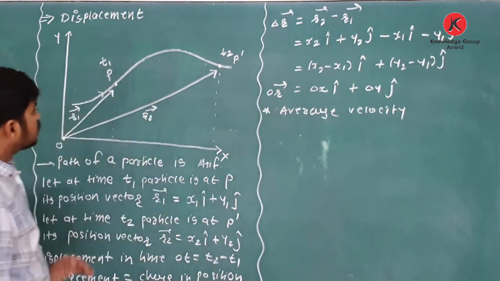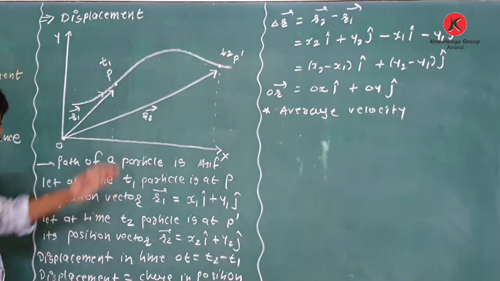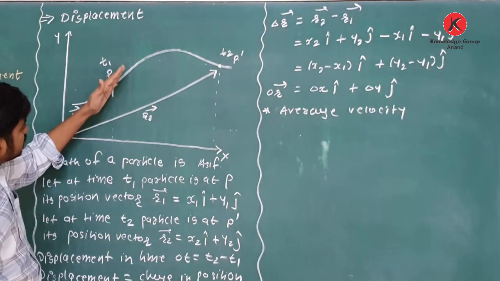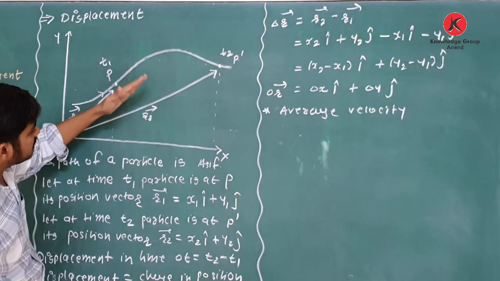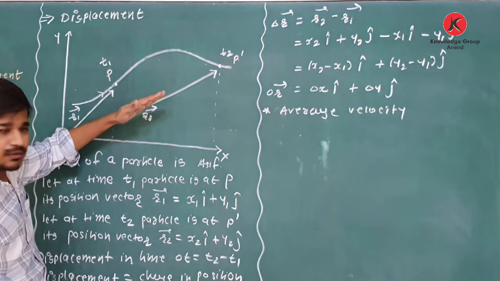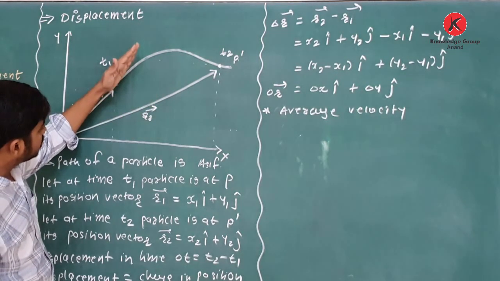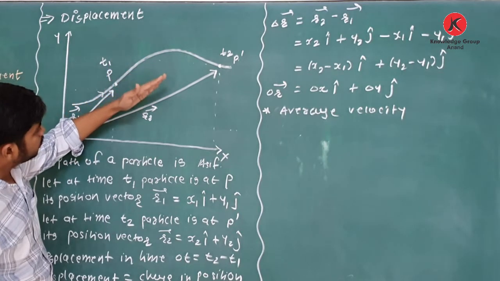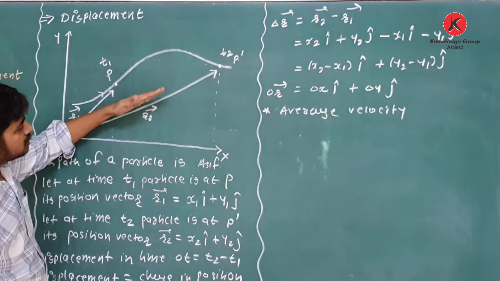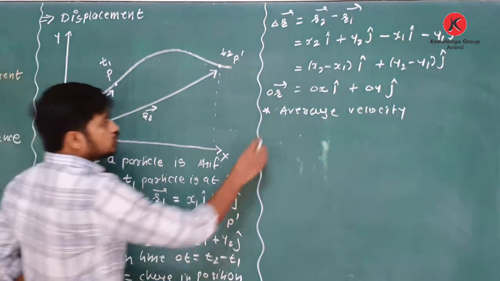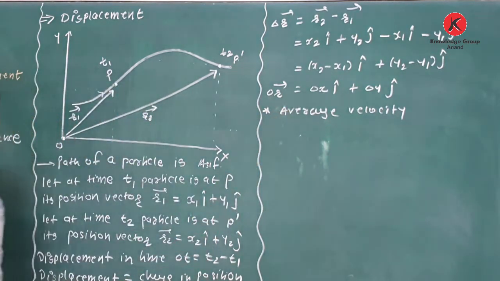But what is direction of displacement? See here, initially the vector is in this direction. Then at time t2, the particle is at point p dash, then its position changes like this. Yes or no? See, my hand is moving in which direction? Initially it is position, then position is changed in this direction. So how to represent this displacement vector?